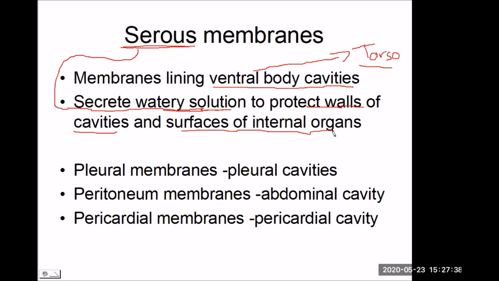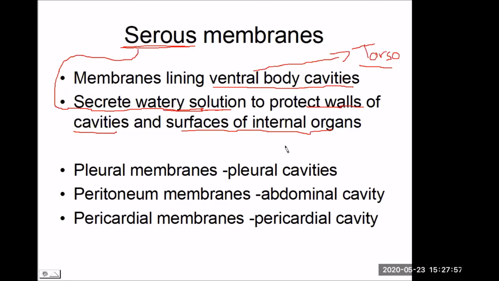There's some moisture, so as your heart's expanding and constricting, it has this coating of this lubricating secretion. So the particular names of serous membranes, we'll see more details in the first lab activity again.